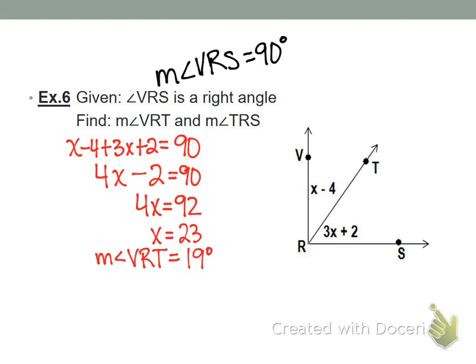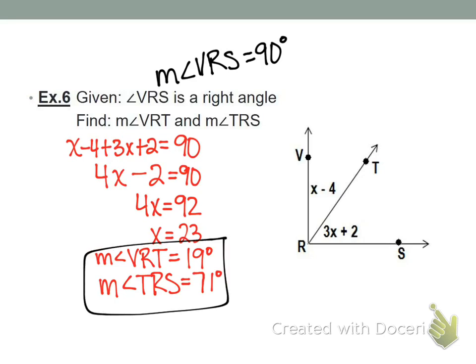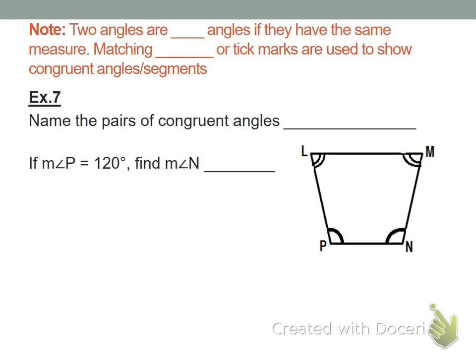Okay, and then we could either plug the 23 into the other expression or just subtract 19 from 90. We get the measure of angle TRS, 71 degrees. Questions, concerns about example 6? All right, we will keep this moving.